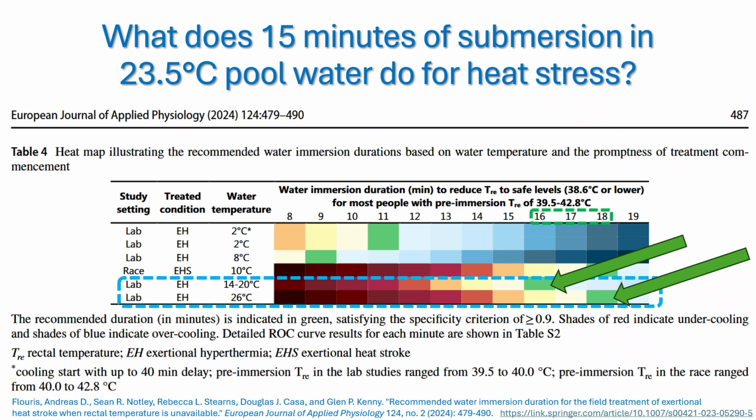And you'll see it's equivalent for these scenarios of somewhere between 16 and 18 minutes in the water in order to get your body temperature from above 39 to below 38.6.